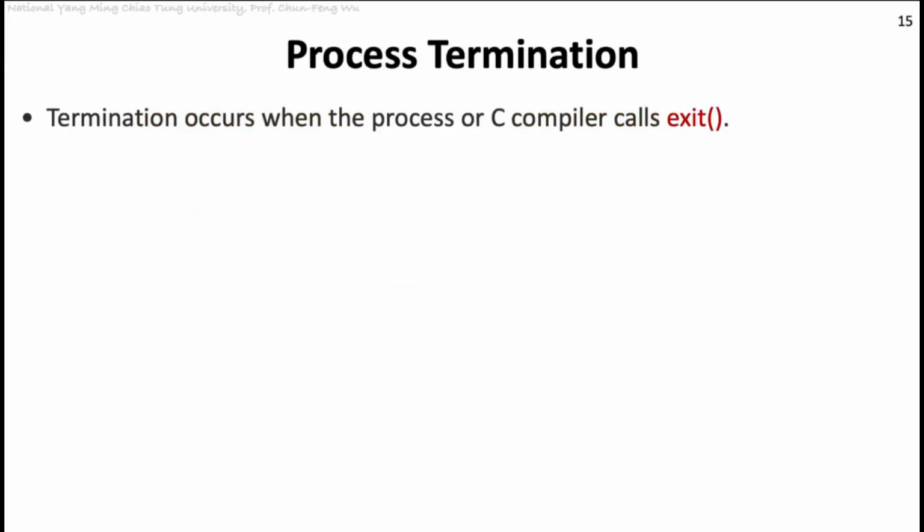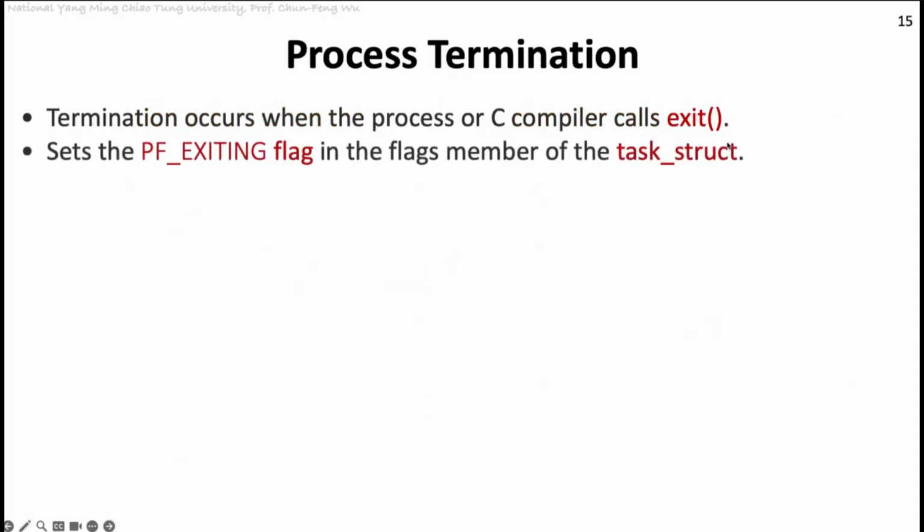After talking a lot about the process, the final thing is how to terminate a process. One day a process calls the exit function, and the process is going to terminate itself. Termination occurs when the process or the C compiler calls exit.